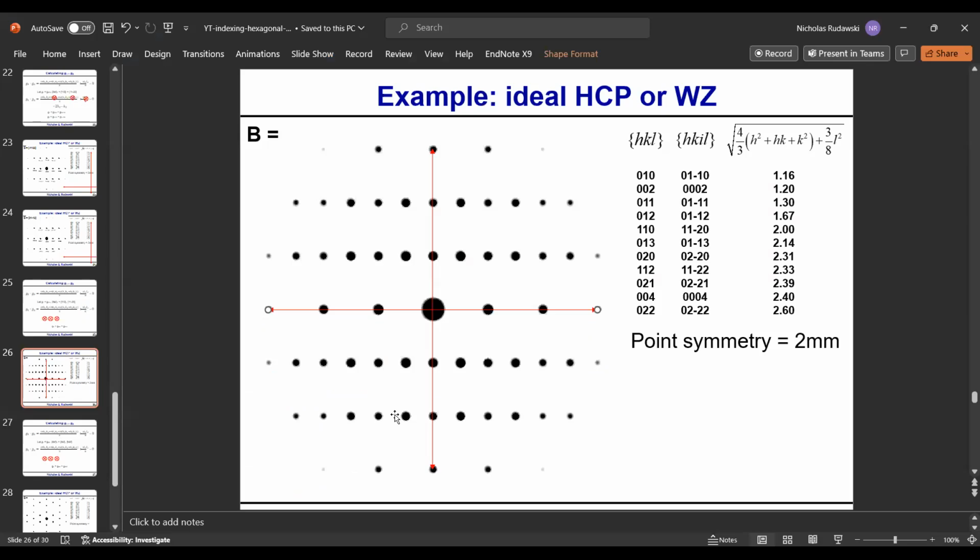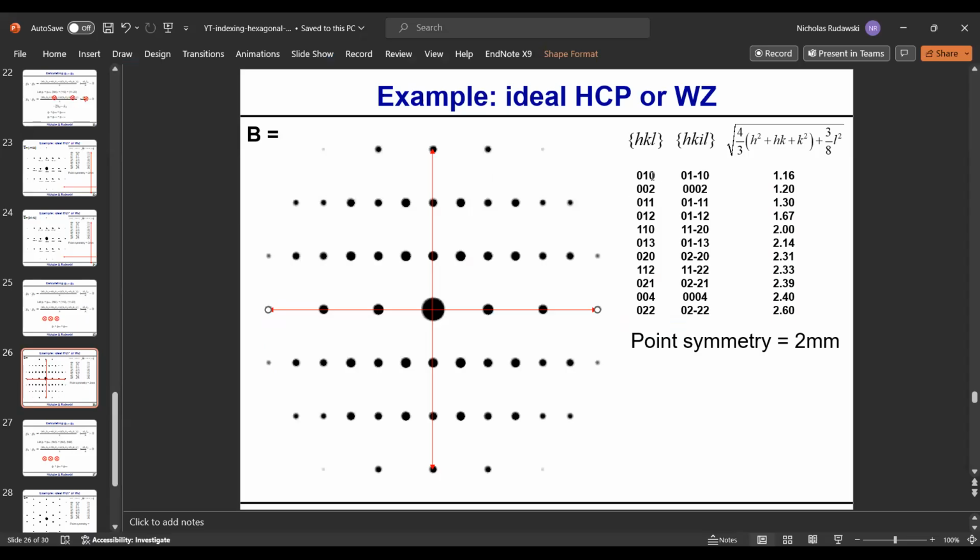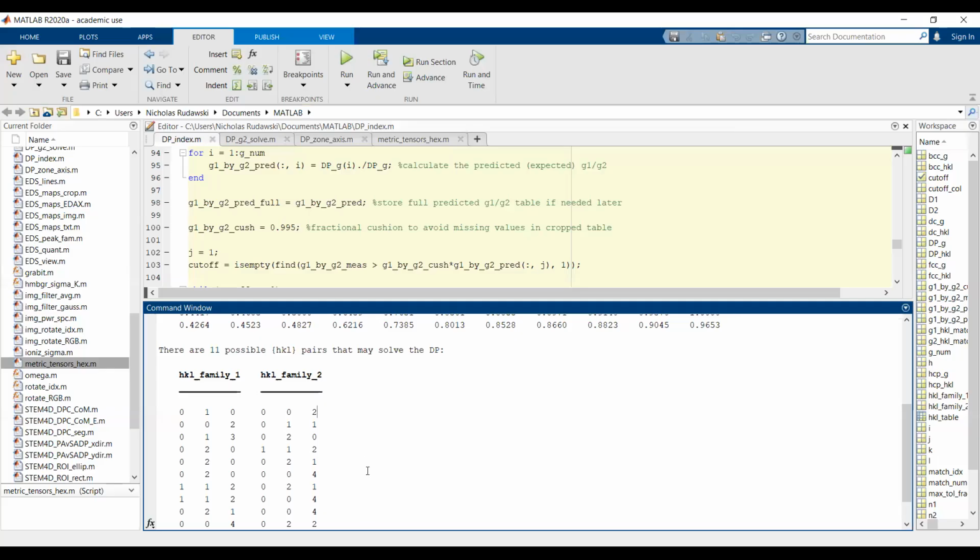So if we come back here, the very first solution is this guy. It's telling me G1 is this family and G2 is this family. Very obviously I can look at that and see that that is correct, in terms of a zero dot product.